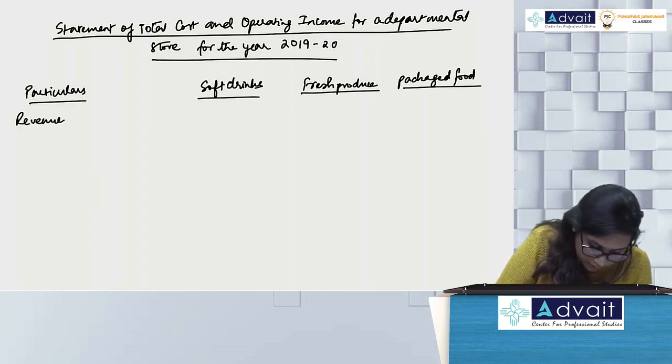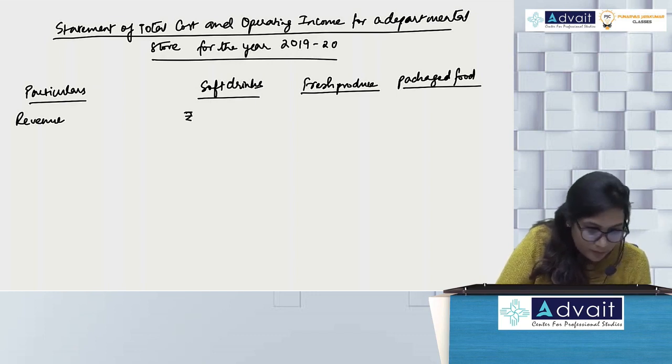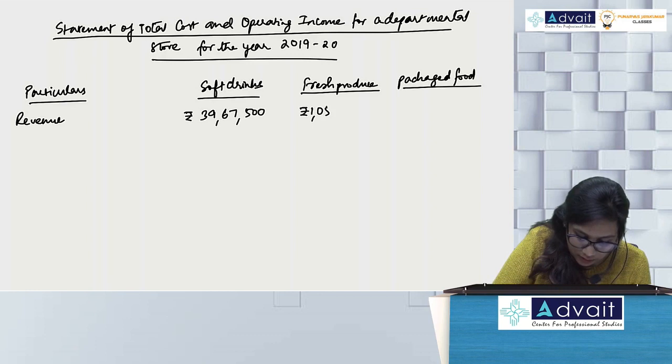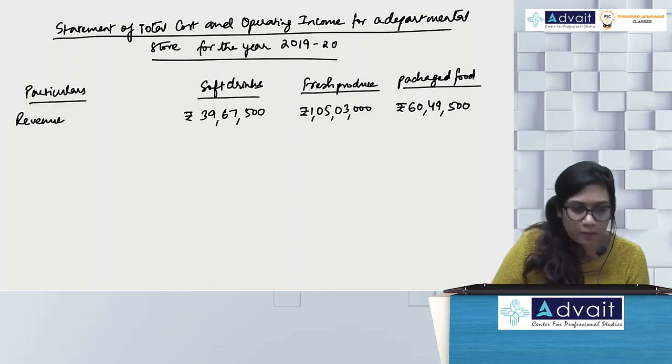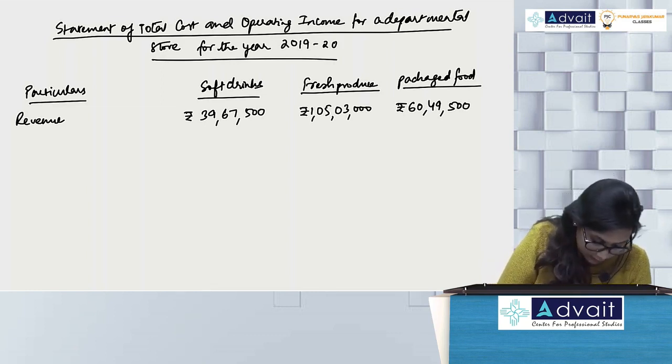Revenues are given directly in the problem. So tell me: 39,67,500 for soft drinks, fresh produce 1,05,03,000, and for packaged food 60,49,500. This is given to us already in the problem. We just copied it here.